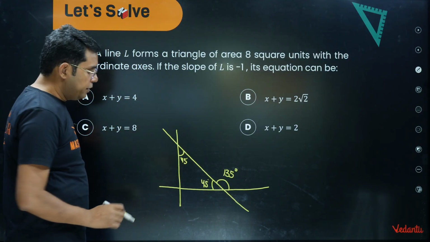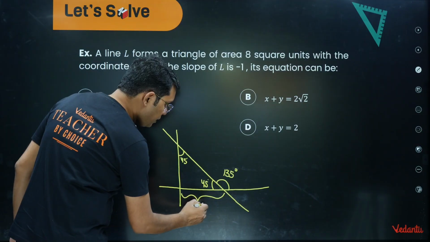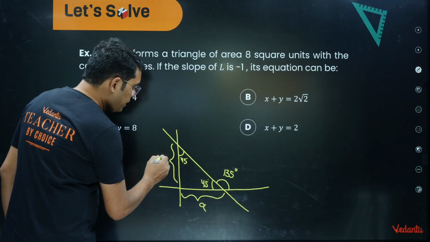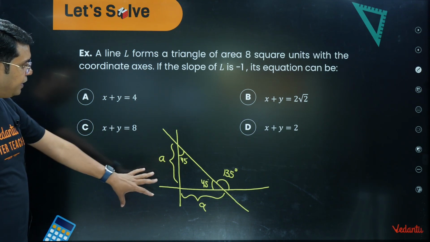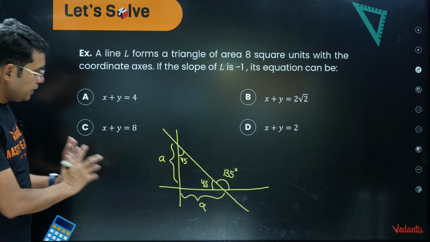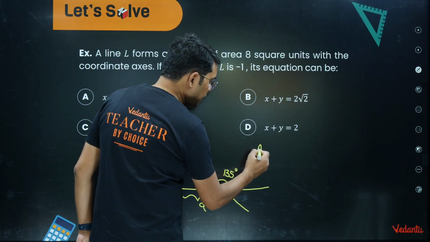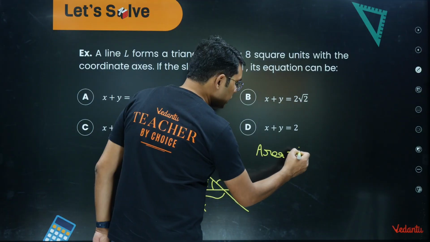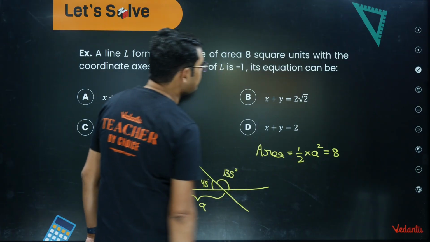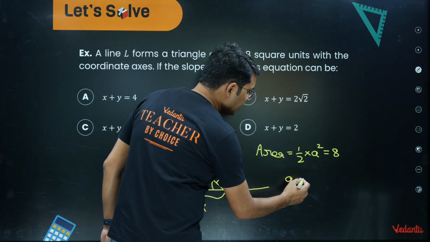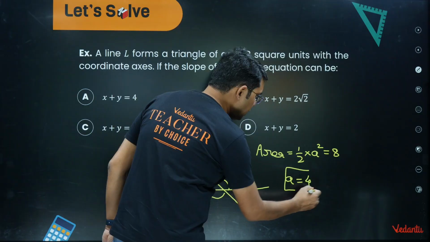That means your x-intercept and y-intercept will both be equal. Now if that is the case, then the area of this triangle has to be equal to 1/2 into a squared, and that is given to us as 8. So from here I can get a equal to 4.